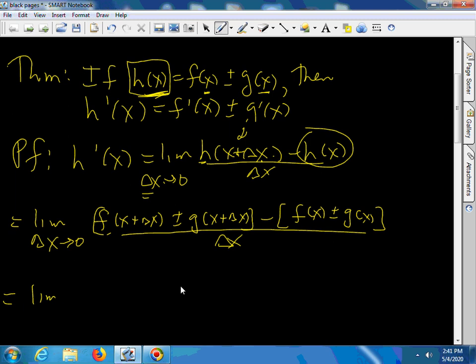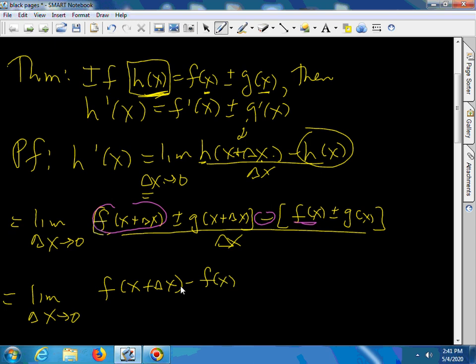So this is the limit as delta x goes to 0. And I'm going to combine things in a natural way. I'm going to do this minus that first, because that starts to look like the derivative of f.